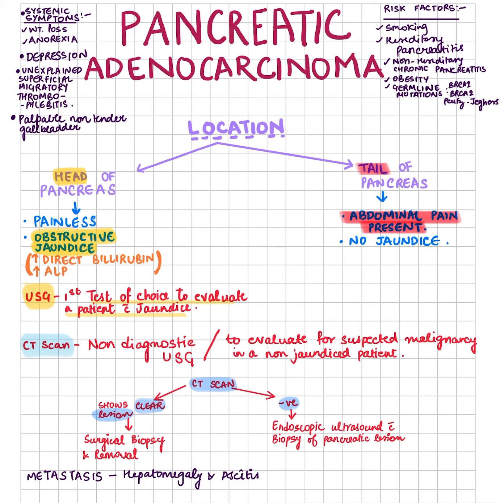Also, I would like to mention the tumor marker CA19-9, which is elevated in case of pancreatic adenocarcinoma, but it is neither sensitive nor specific, and you can use the tumor marker to see the progression of the tumor and see if the patient is responding to the treatment or not, but it is not used as a diagnostic tool for pancreatic adenocarcinoma.